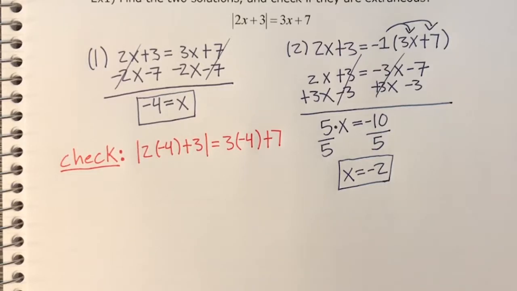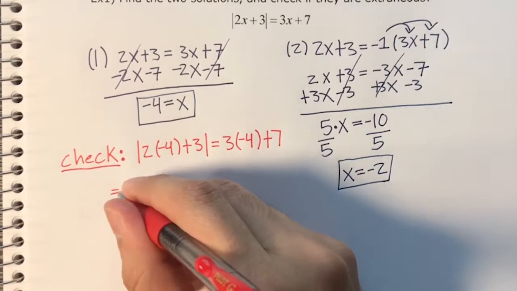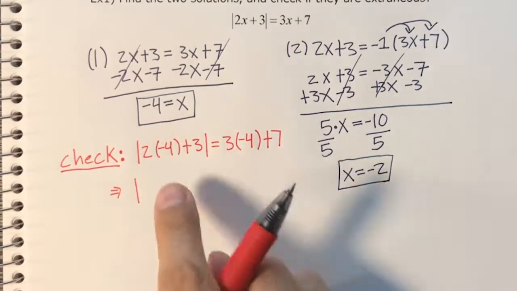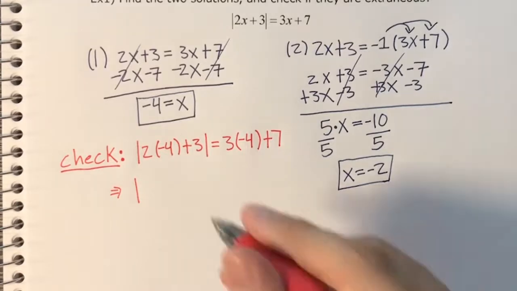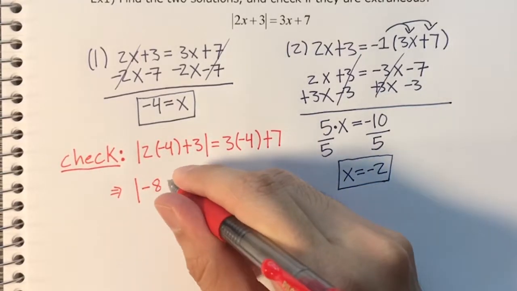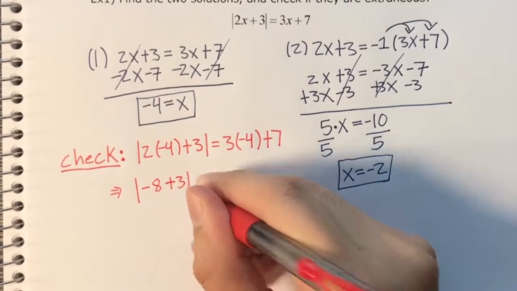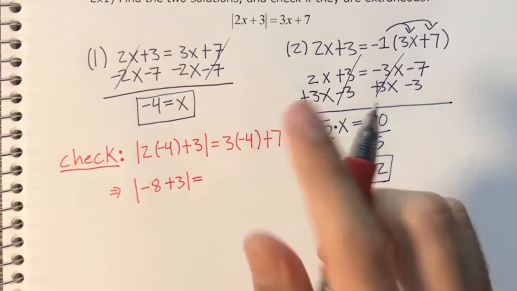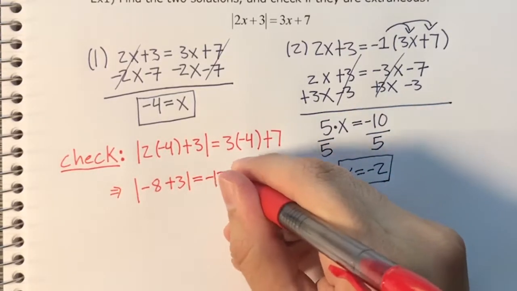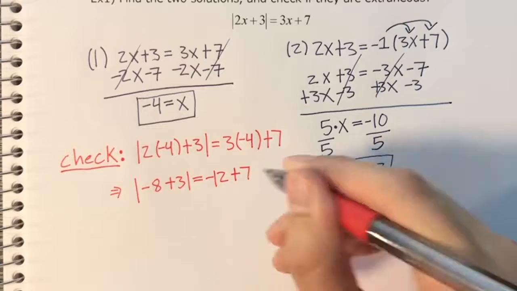If they are, that means it's a solution. If not, that means it's an extraneous solution. So let's do this. 2 times negative 4, that's negative 8, plus 3. 3 times negative 4, that's negative 12 plus 7.